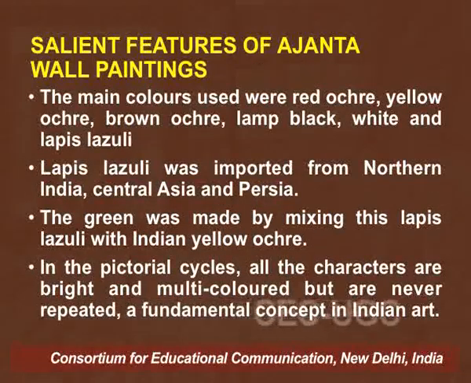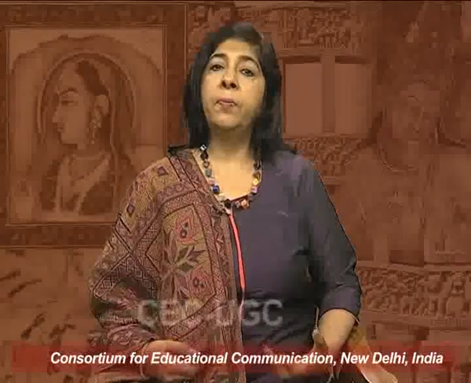The main colors that were used in these paintings were red ochre, that was used on a large scale, in addition to yellow ochre, brown ochre, then lamp black, white and lapis lazuli. Now it is also interesting to know from where these colors were being made.